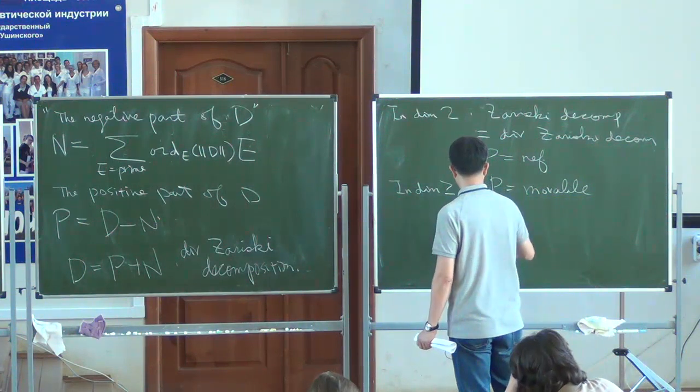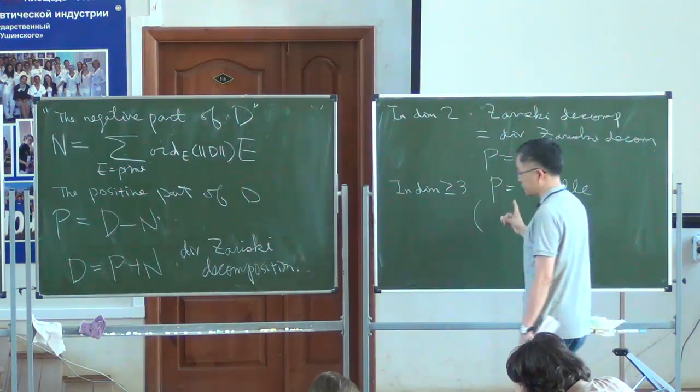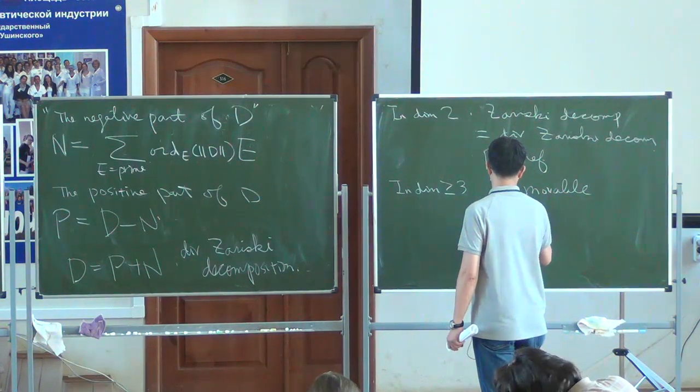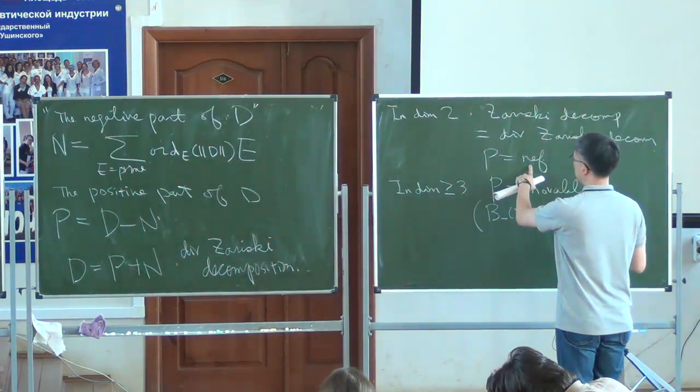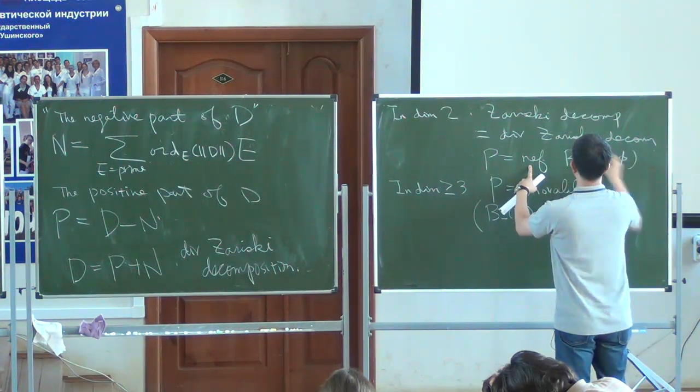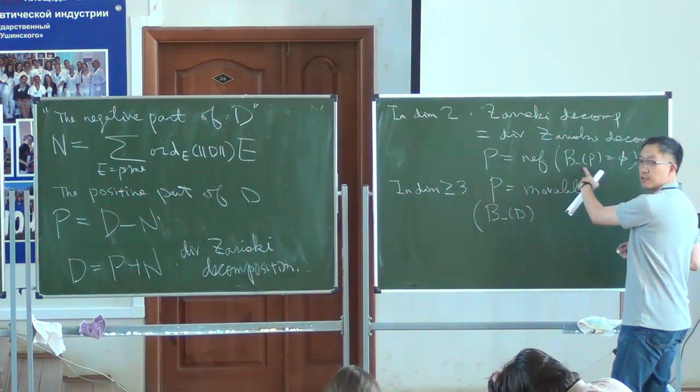This means I already defined B minus. So this nef means what? B minus P is empty. Okay, because this is the non-nef locus.